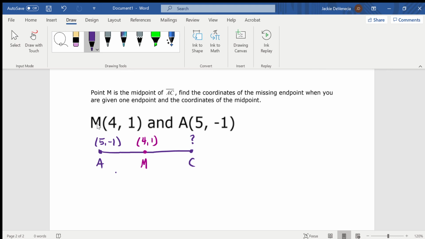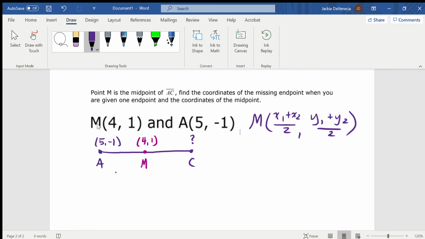So again, just like the previous example, since I have x and y coordinates, I want to use this formula. But I'm going to use it differently, because instead of giving me the two endpoints, they gave me the midpoint.